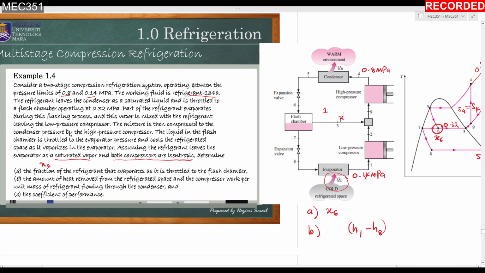Okay, never mind. Here we have x6, here I just put x. And if here is x, then for the lower stage it should be the remaining between 1 and x.